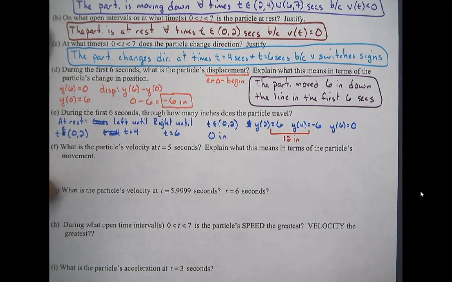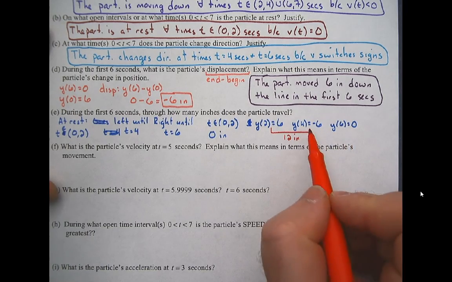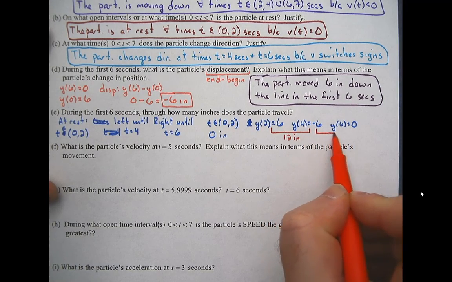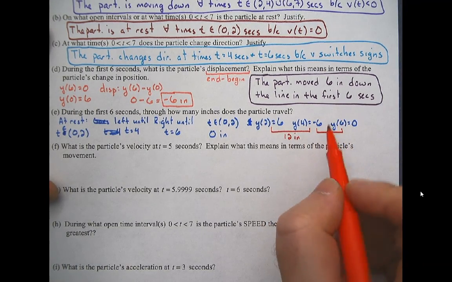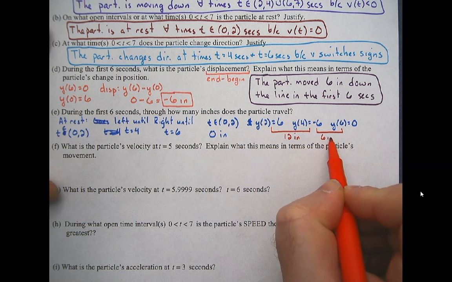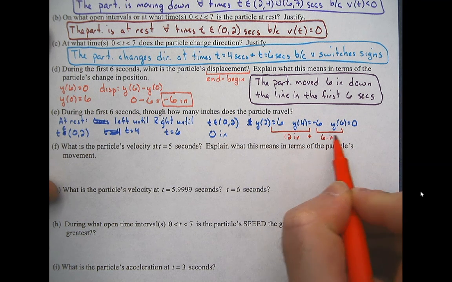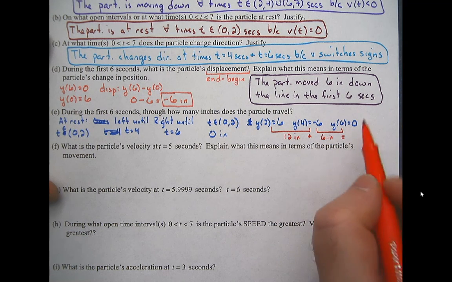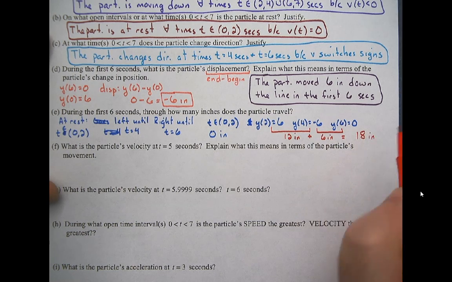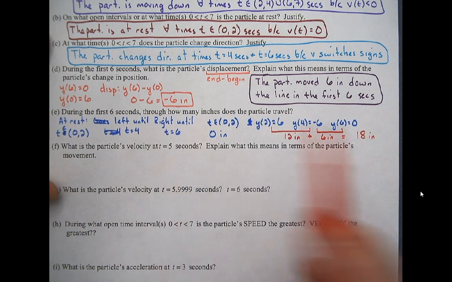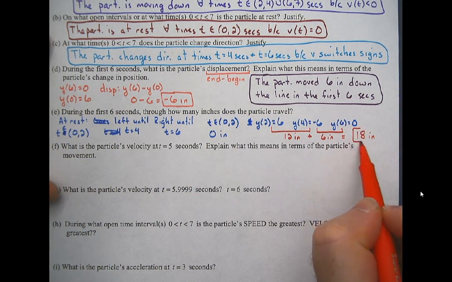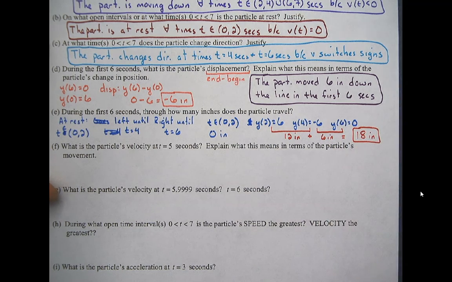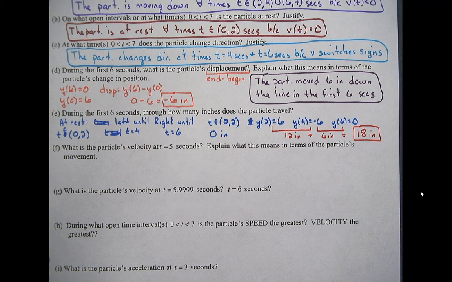And then from 4 seconds until 6 seconds, I traveled a distance of 6 inches. The question is, how much did we travel altogether? So I would add those up, and I would say that the particle traveled 18 inches. Notice this doesn't say justify. This is just asking strictly for an answer. So I can just answer 18 inches. Sometimes it's nice to say the particle traveled 18 inches, but I don't have to here.